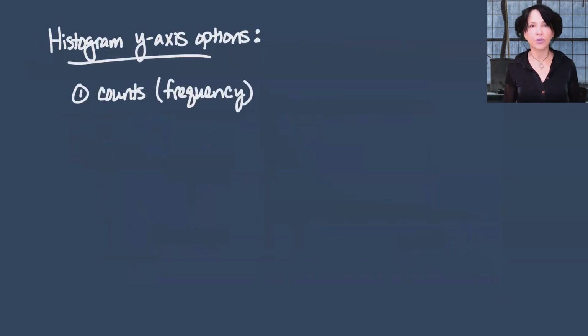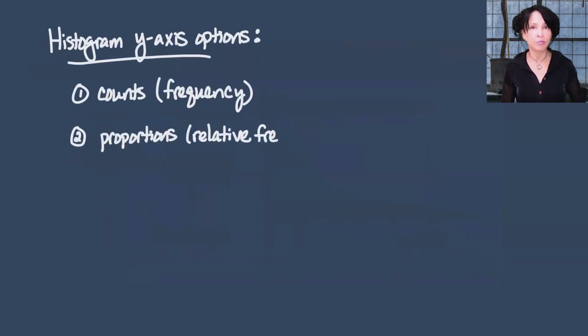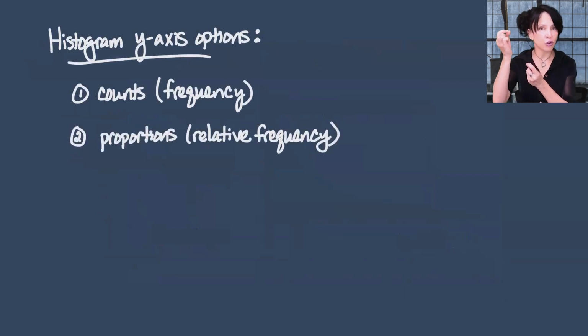The second thing you can do for your y-axis on a histogram is have your y-axis represent proportions or relative frequency. So if you're looking at a bin between 0.1 and 0.2 on the x-axis, you could look at your long list of numbers and compute the proportion of values you have between 0.1 and 0.2 and make your bin height that value.